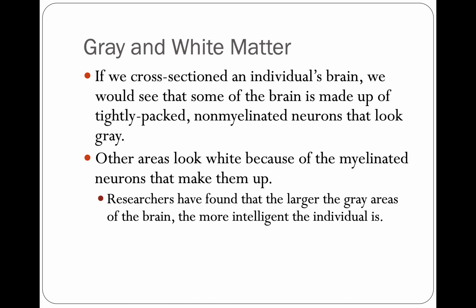If we cross-sectioned an individual's brain, we would see that some of the brain is made up of tightly packed non-myelinated neurons that look gray. Other areas look white because of the myelinated neurons that make them up. Researchers have found that the larger the gray areas of the brain, the more intelligent the individual is. I was looking at this when I was preparing for this semester, and I was reading articles about the damage that marijuana does to the brain, and this is one of the reasons that people who smoke marijuana, their intellectual capacity may be damaged.